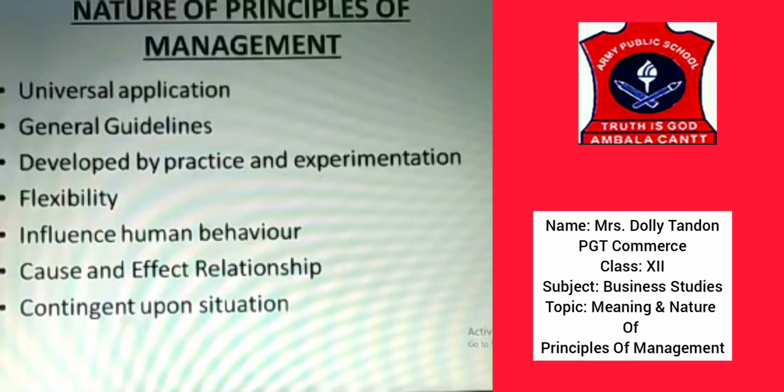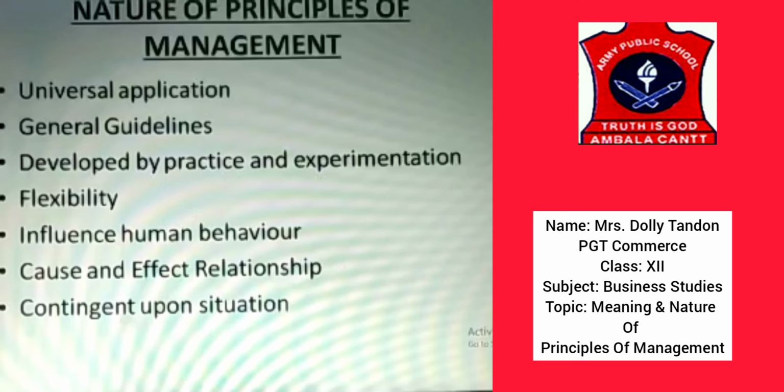Manager can modify them to meet the needs of the situation. For example, some principles may not be applicable in small firms to the same extent as in the large firms. So, manager can mold them as per his requirement.